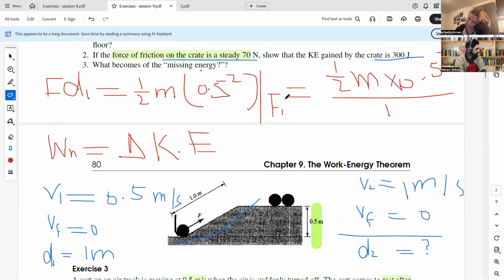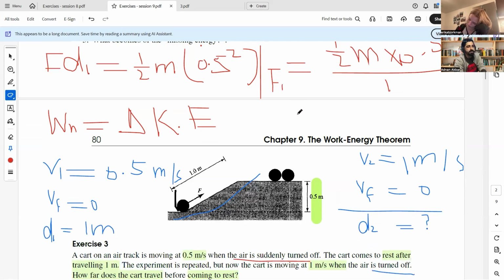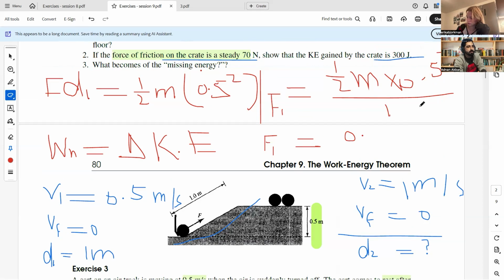So after simplifying it, I have F1 equal to 0.5. I can write 1 by 2 as 0.5. Here it is also multiplied by 0.5 squared, 0.25, so it will become 0.25 m, and in the denominator you can write this 2. This is the applied force in that case. You can consider it.